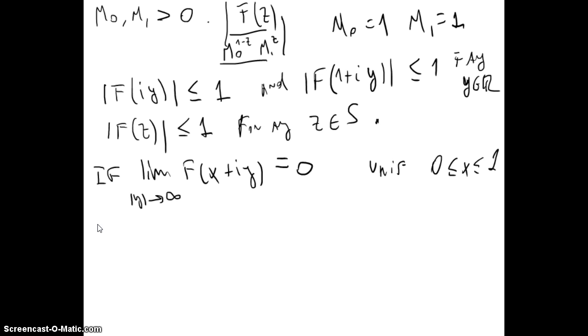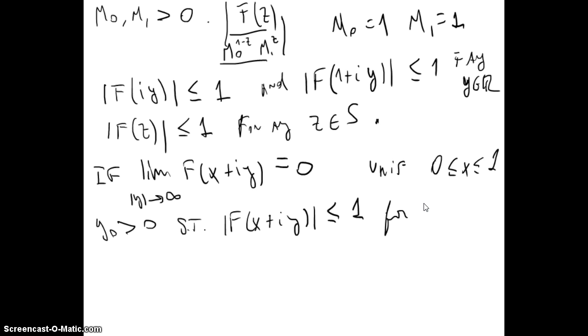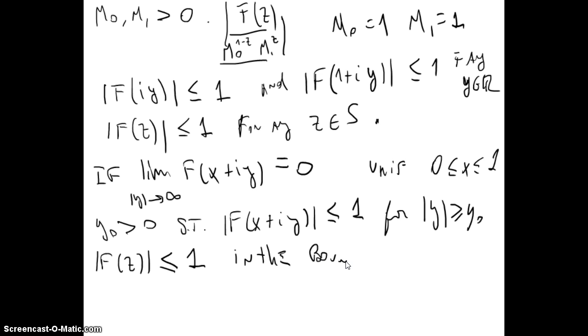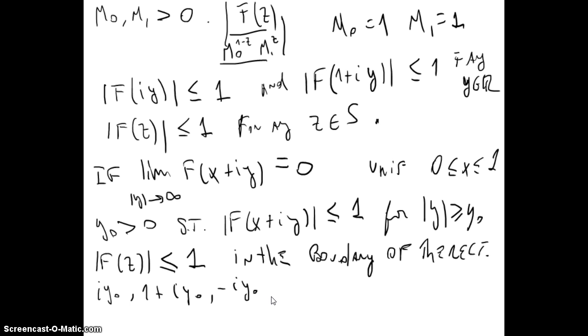In this case we can say that there exists y0 positive such that the absolute value of f(x plus iy) is less than or equal to 1 for the absolute value of y more than y0, and the absolute value of f(z) is less than or equal to 1 on the boundary of the rectangle with vertices iy0, 1 plus iy0, minus iy0 and 1 minus iy0.